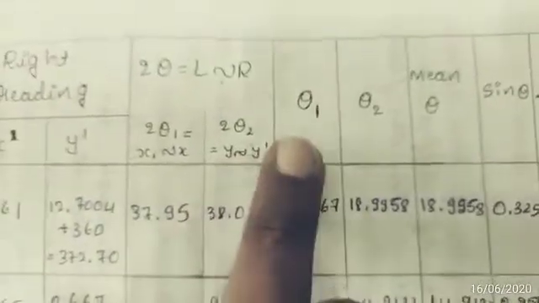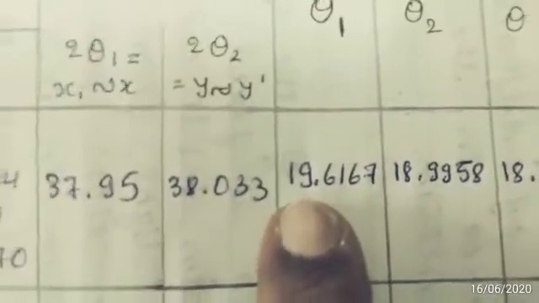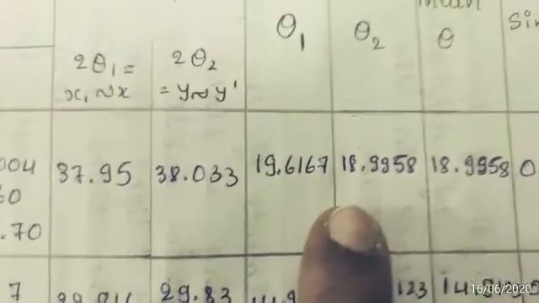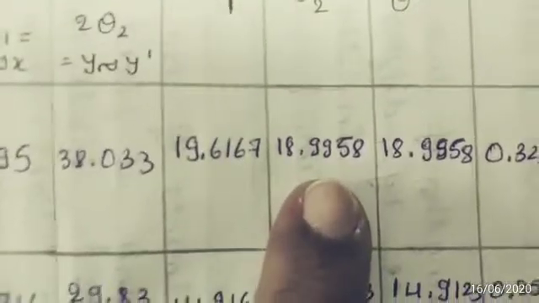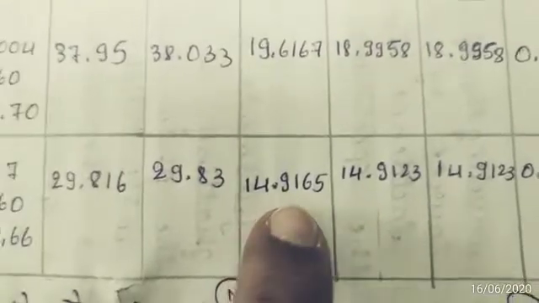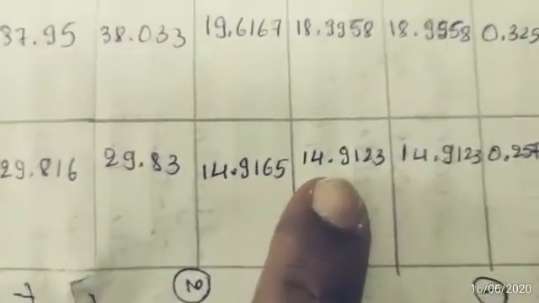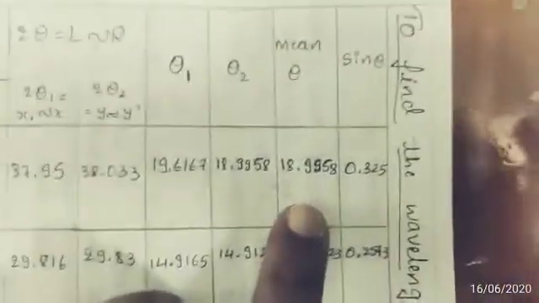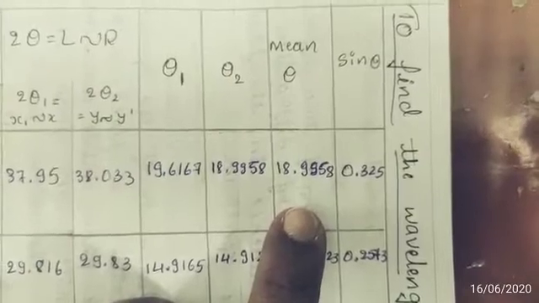Now calculate theta 1 and theta 2. Theta 1 is equal to 19.6161 and 18.9958 for green line. Similarly, for blue line, it is 14.9165 and 14.9123. And calculate the mean of theta 1 and theta 2.